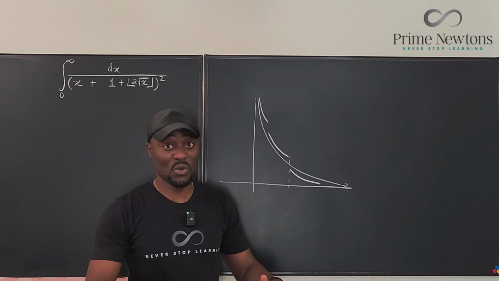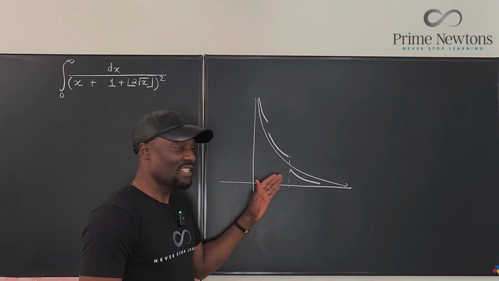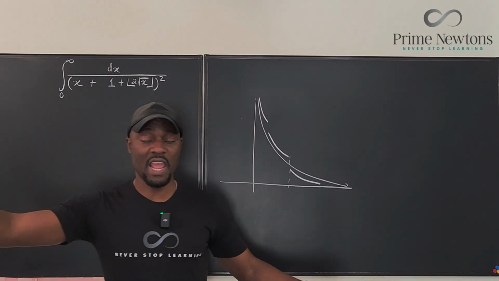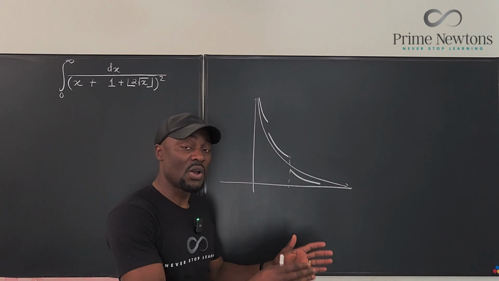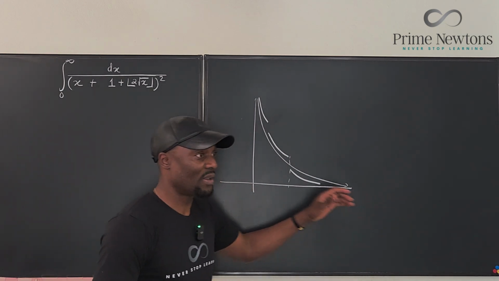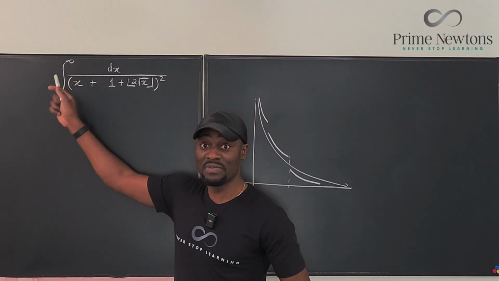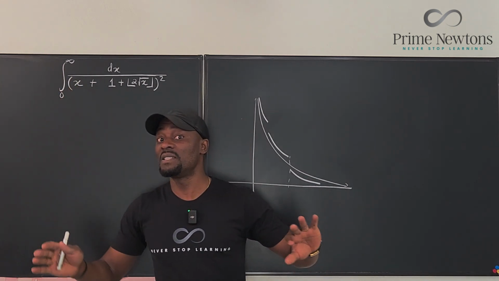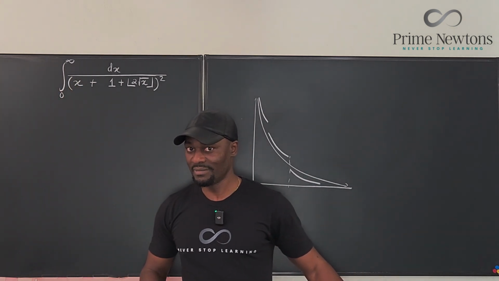That's the thing about the floor function. So this integral is not just one giant integral, it's going to be the sum of many pieces, depending on how many integers we're dealing with. The question says we're going from 0 to infinity, so expect some infinite series combinations.